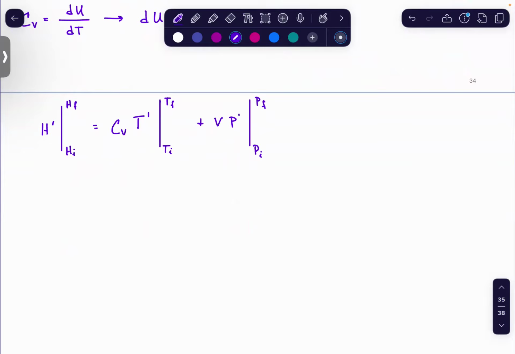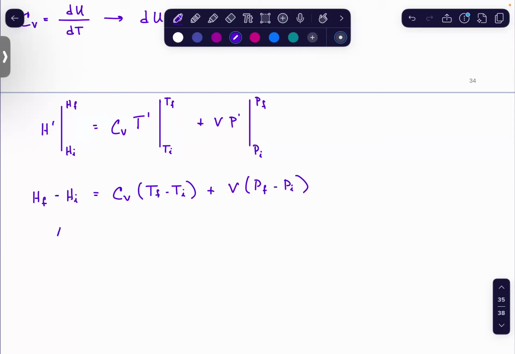And so our evaluation is a difference. So we have final minus initial: CV, T final minus T initial, plus V, P final minus initial.